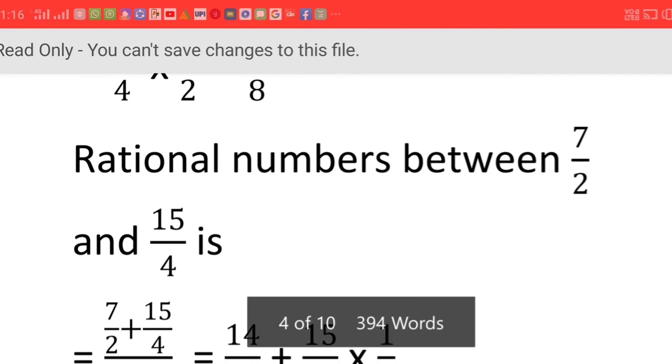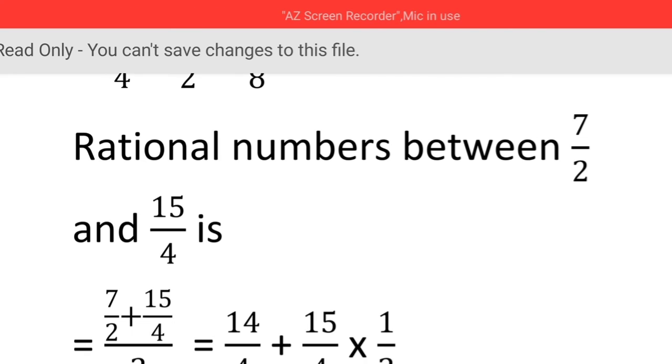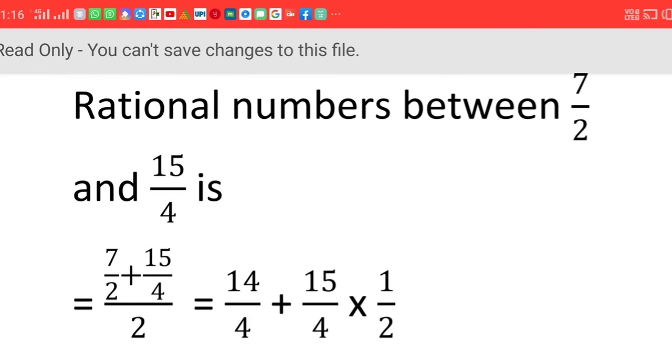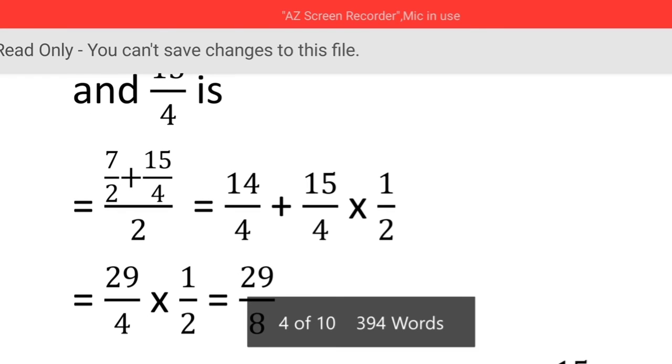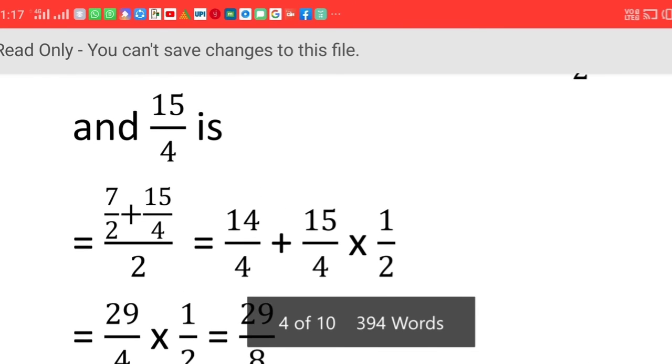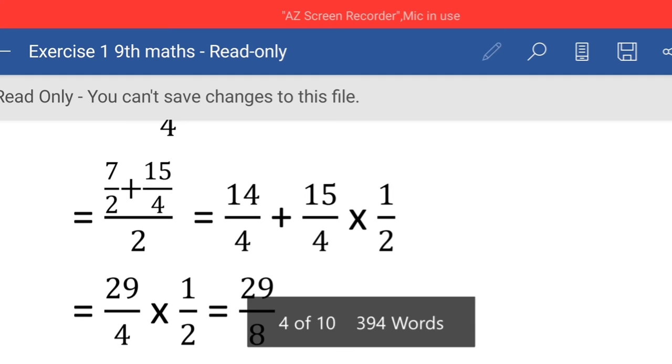Then next number, rational number between 7 by 2 and 15 by 4. How to write this one? 7 by 2 plus 15 by 4, by 2. So what will we write? 14 by 4 plus 15 by 4 into 1 by 2. 7 by 2 we change into 14 by 4.